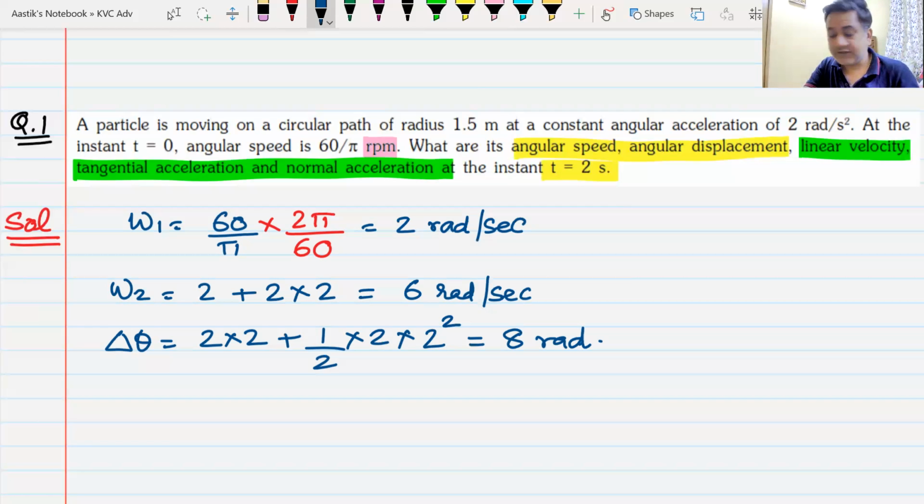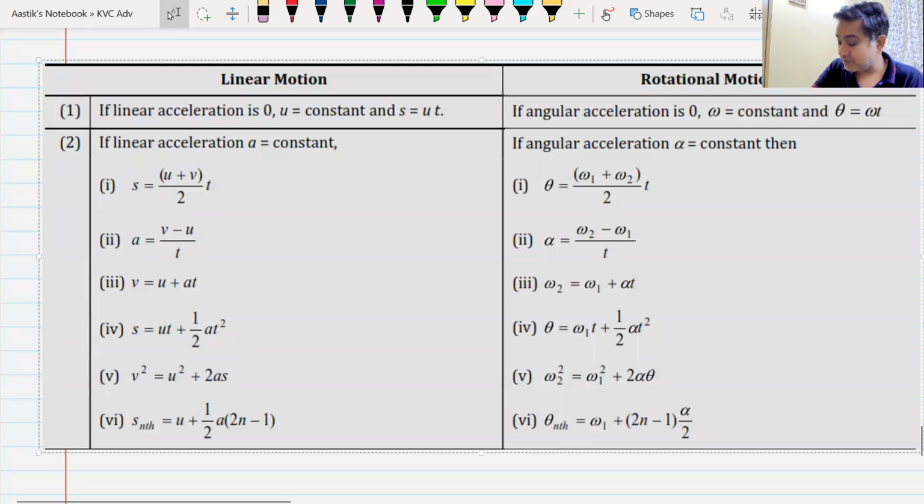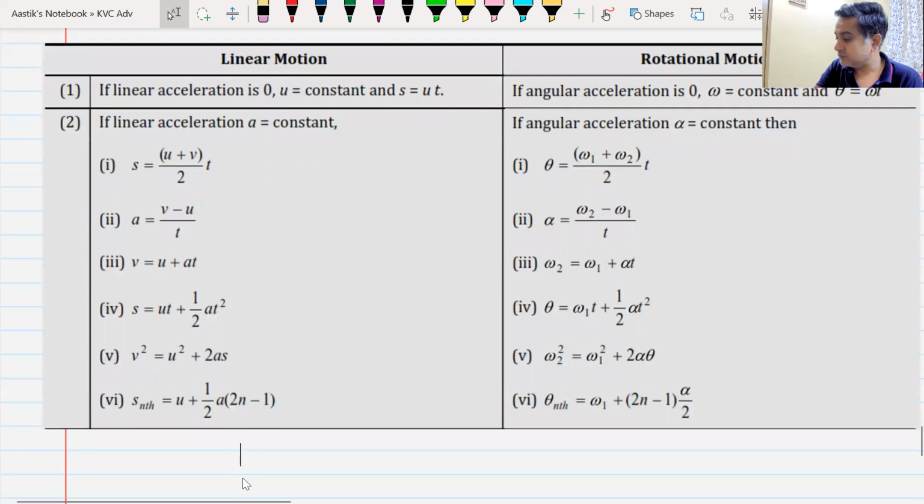Okay. So this is again the same thing written column wise. On one side we have linear motion, and on the other rotational or circular motion, whatever you call it.